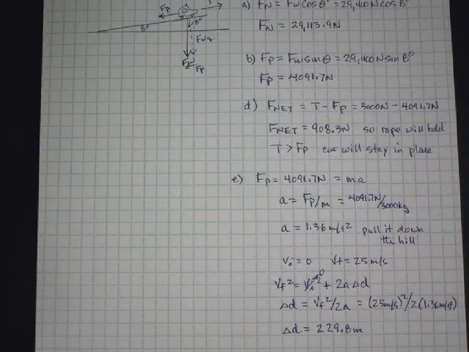Just as a point of reference, 60 miles per hour is, let's see, about 27 meters per second. So it's not quite 60 miles per hour at that point. But it does go from 0 to almost 60 miles per hour in about 230 meters.